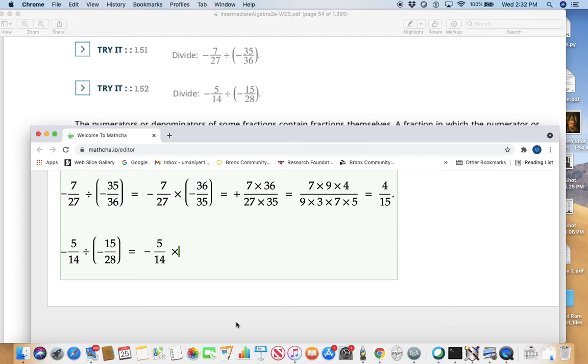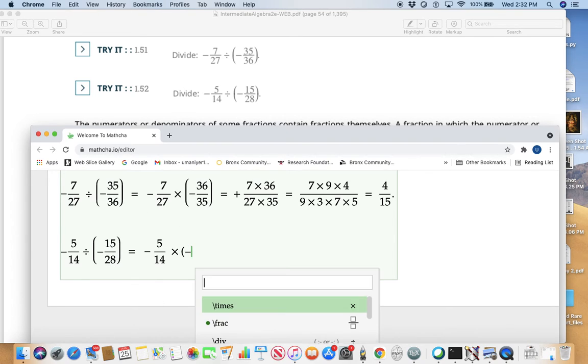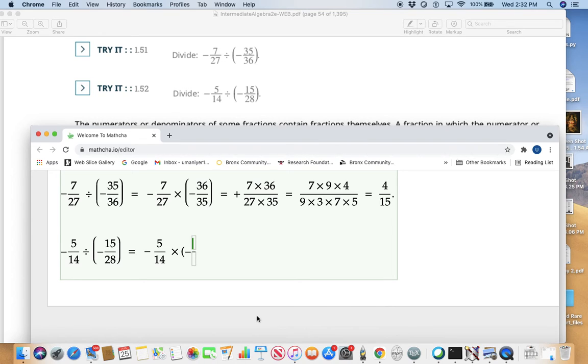It is the second fraction where you need to take numerator, put it down, denominator, put it up. Notice the minus continues. Okay. So 28 and 15. This is the reciprocal of this. So negative times negative is a positive.